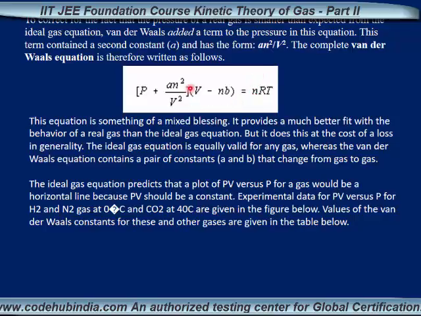So if V decreases by nb, then P must be increased by a n squared by V squared. This equation provides much better results for real gases than the ideal gas equation.